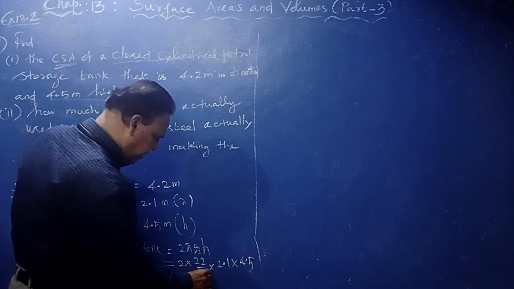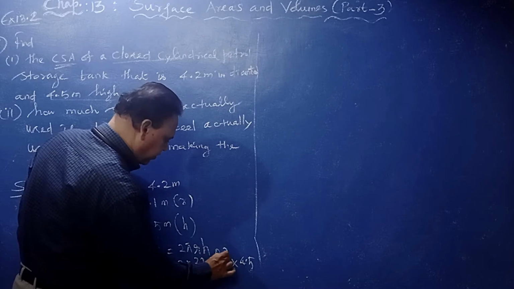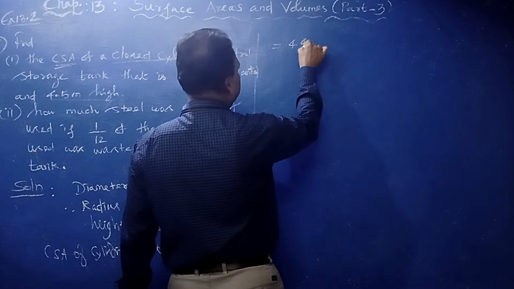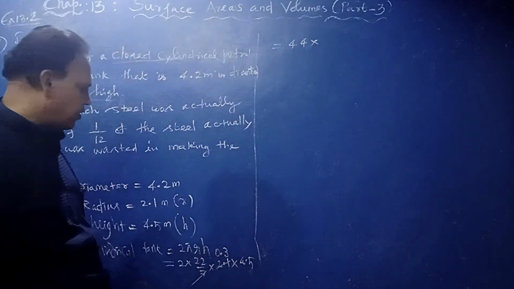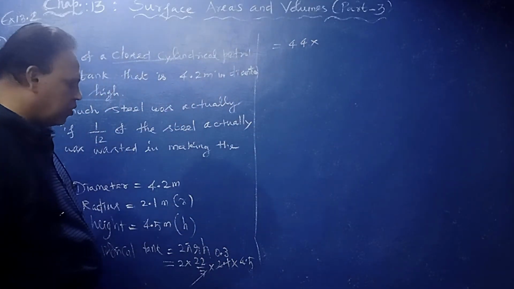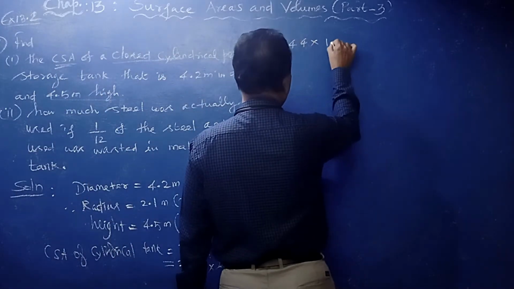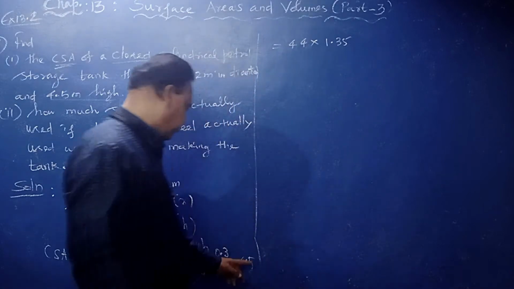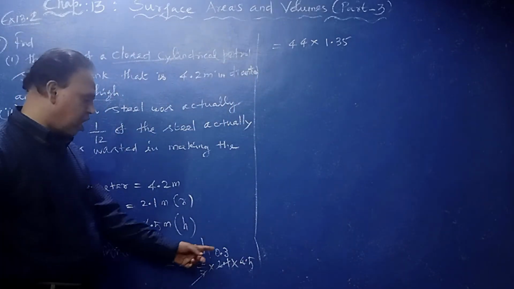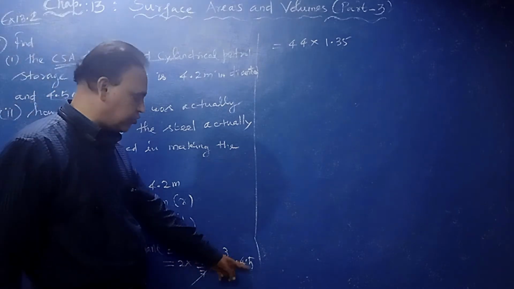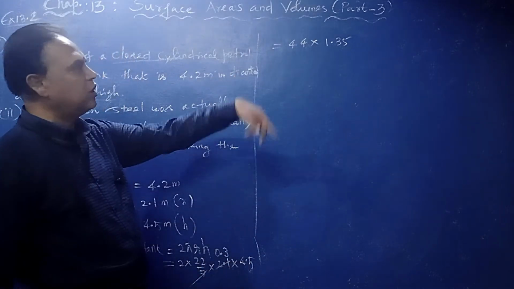Now you can cut here, which gives 0.3. Now 44 into 45 into 3 gives 1.35, because 45 into 3 is 135. After the decimal you have two digits, one here and one here, so leave two digits and put the point.